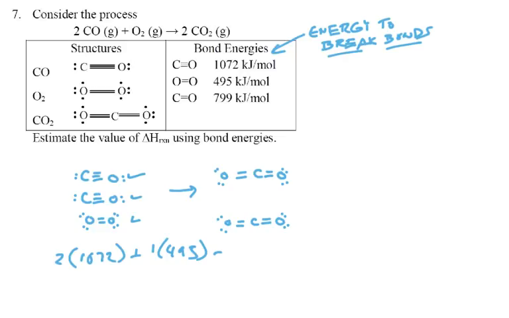For over here, I have 1, 2, 3, 4 CO bonds. I'm not breaking these, I'm making these, so I want the opposite of the bond energy, so minus 4 times 799. And I get an answer of negative 557 kilojoules.